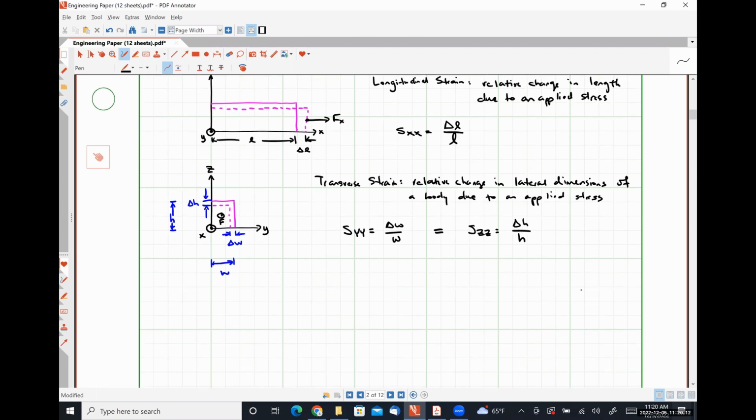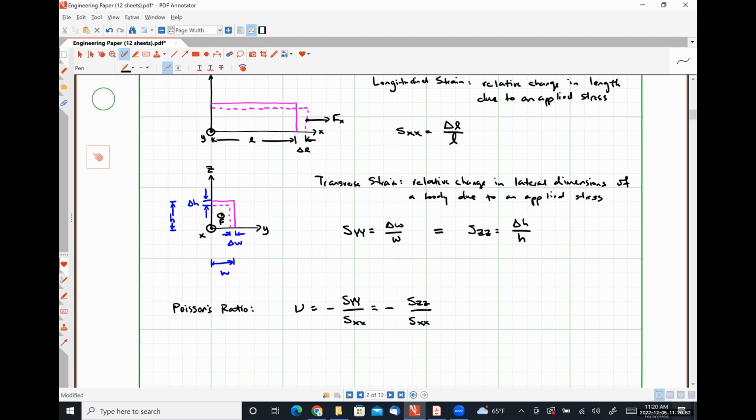So this relationship that if we change one dimension, the other dimensions also have to change, is encapsulated by Poisson's ratio, okay? So Poisson's ratio is simply this fancy Greek V, whose name I can't remember off the top of my head right now, is negative SYY, the strain in the Y direction over the strain in the X direction, which must be the same as SZZ, the strain in the Z direction, divided by the strain in the X direction.